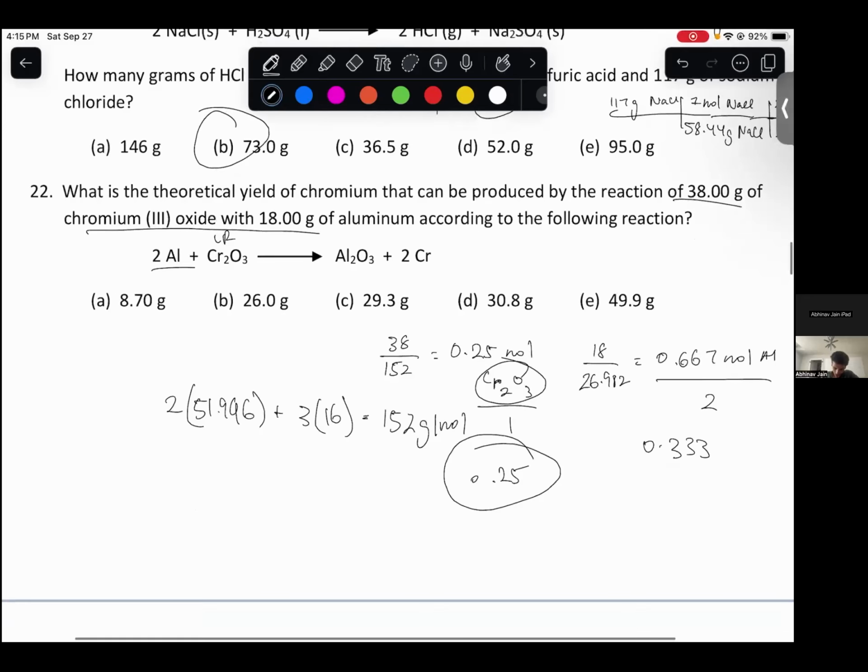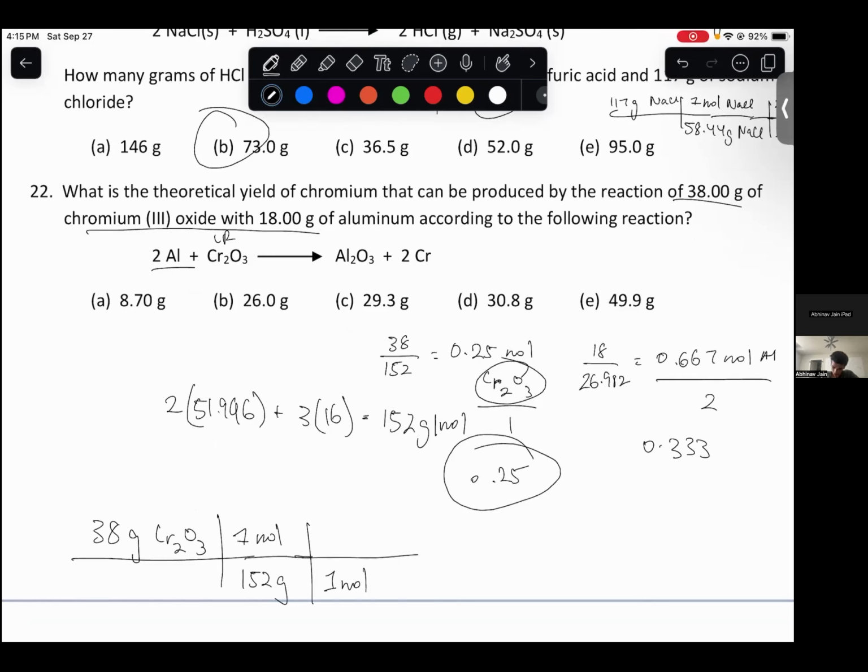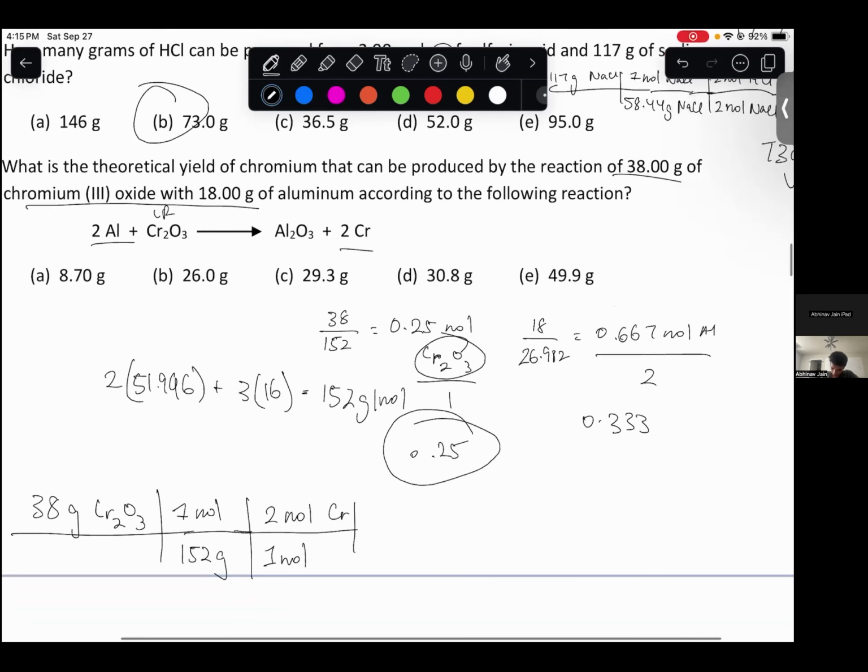So we can set up our stoichiometry. We started with 38 grams of Cr2O3, and we know that for every 152 grams, we have 1 mole of it. And for every 1 mole of Cr2O3, we're going to have 2 moles of Cr. And for every 1 mole of Cr, we're going to have 51.996 grams of Cr.